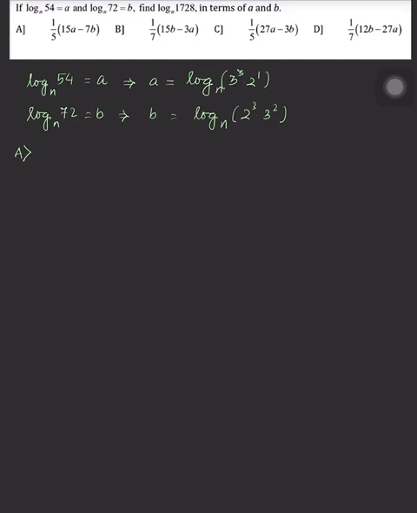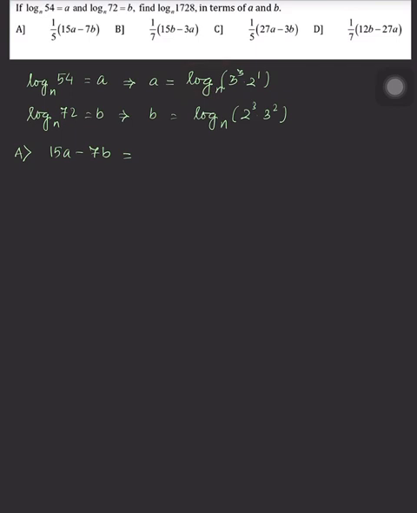That is how good your preparation should be. Anyway, moving ahead. Option A says 15a minus 7b. So you're putting a 15 here, and that will go to the power.